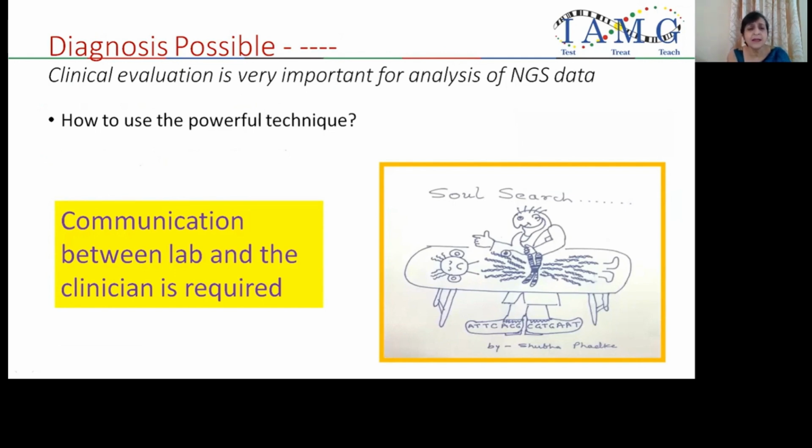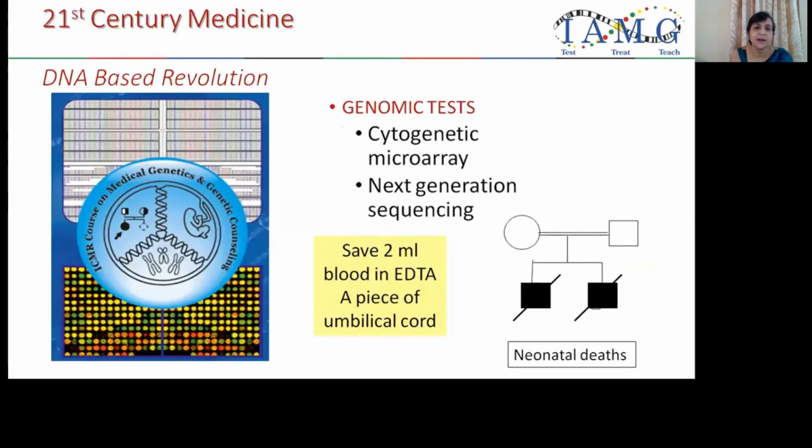And equally important is communication between the laboratory and clinician, and it doesn't end after sending the sample or getting the report, but after getting the report, re-examination of the child, or reverse phenotyping, is very, very important.